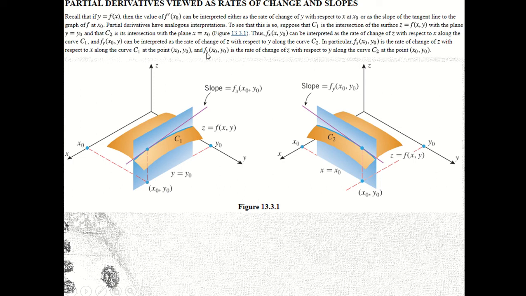And the partial derivative of the function with respect to y at the same point, looking at this picture here, at this point x sub 0, y sub 0, meaning the coordinates of this point here, is the rate of change of z with respect to y along the curve C2 at this point.